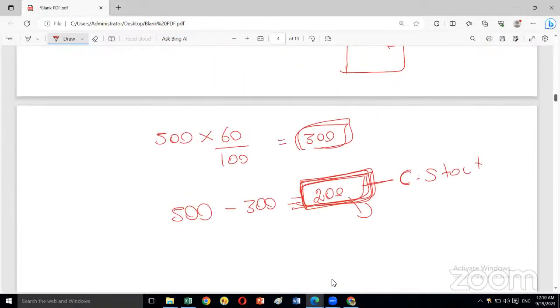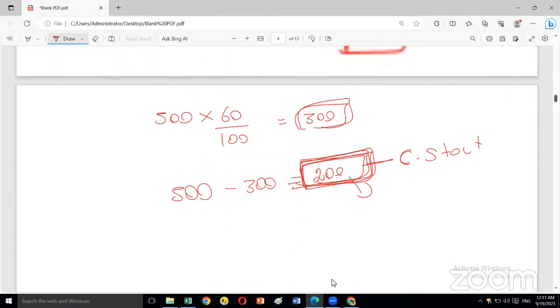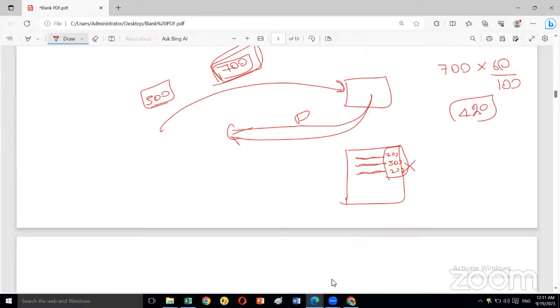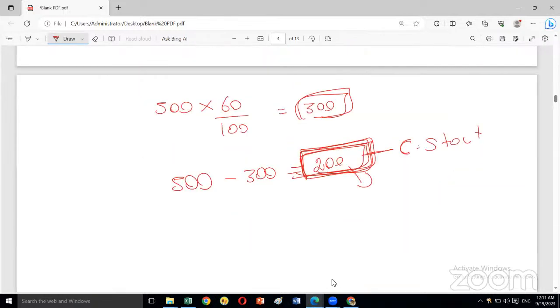If you want to calculate the inventory, closing stock, I have to take the cost, not the selling price. Cost is 500. 60% sold, 60% is 300, then 40% is how much? 200,000. This 200,000 is the cost of inventory. I should record it as the closing stock.